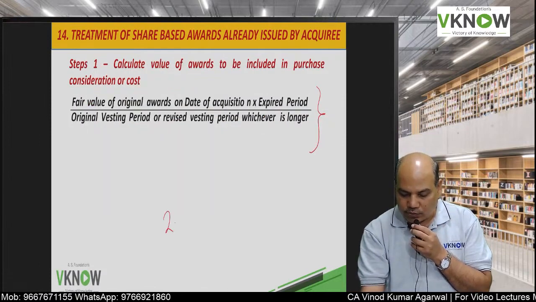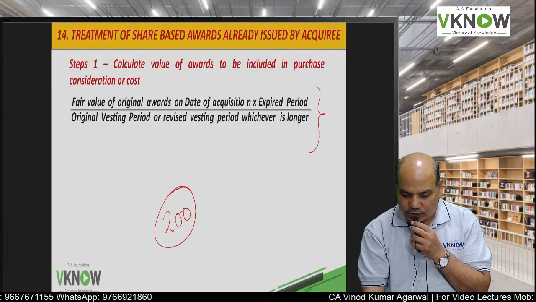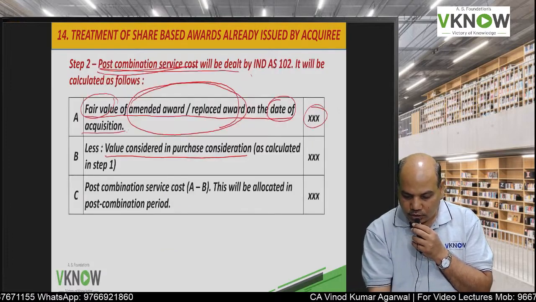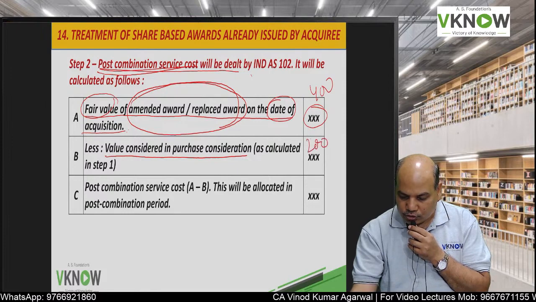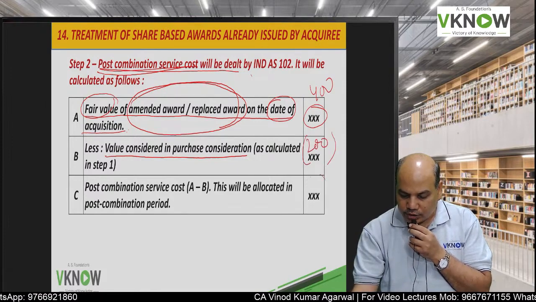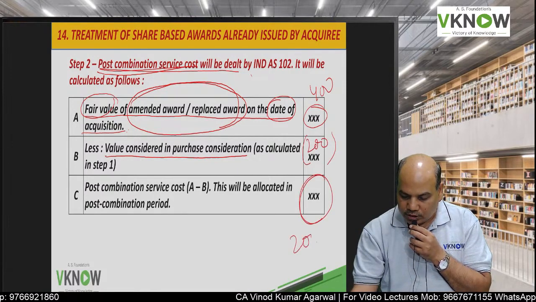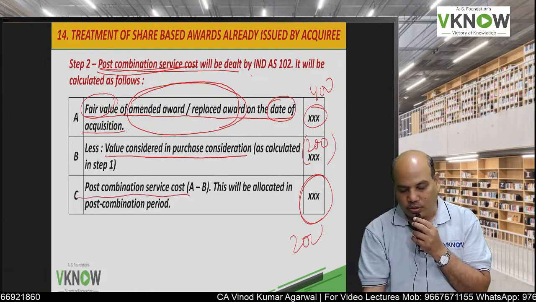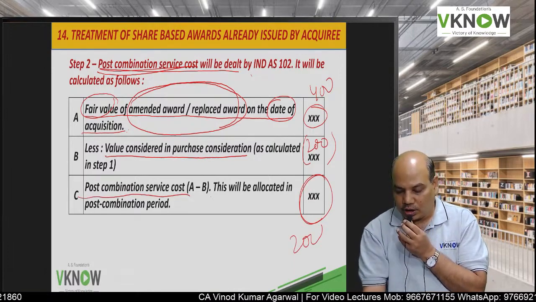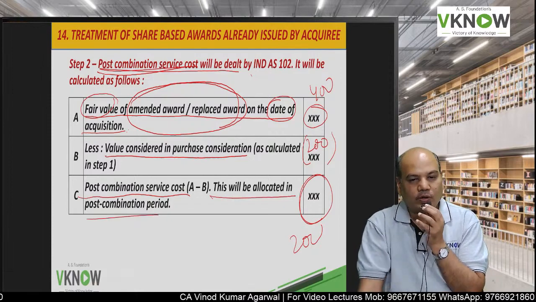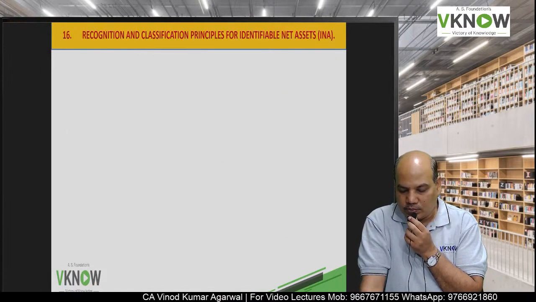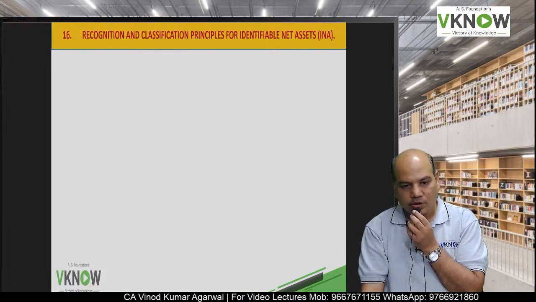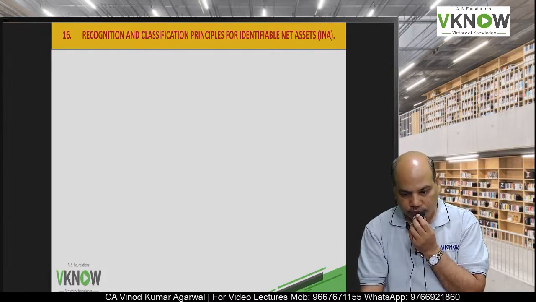If this formula gives you an answer 200 rupees for example, and this is suppose 400 minus 200 already considered, remaining 200 will be treated as post-combination service cost, and it will be allocated over the remaining vesting period in the post combination period. So that was about SBP award.